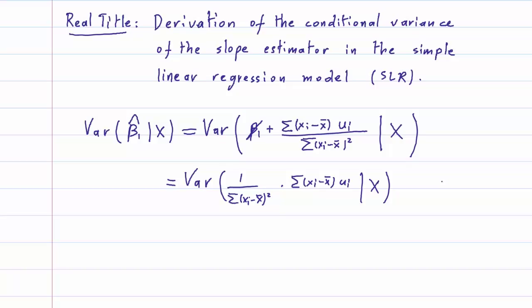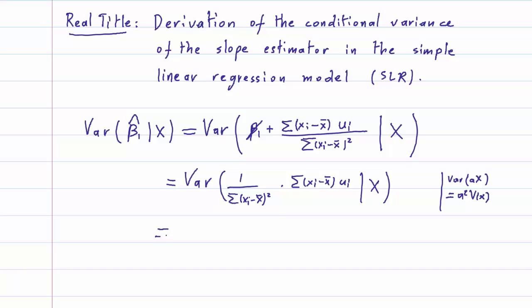So we are going to use a rule that says the variance of ax is equal to a squared times the variance of x, and we are going to apply this to the sum of the squares here. Because it's conditional on x, we can take it out.